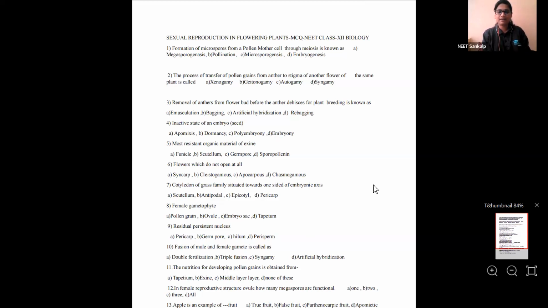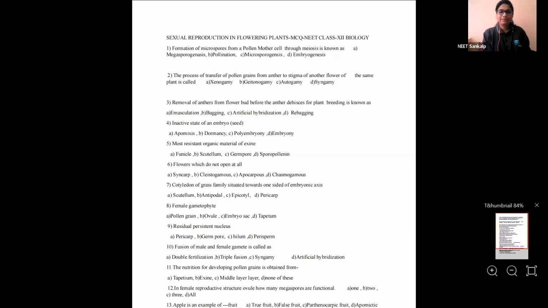Radhika answered it. Fine. Many of you think about how many microspores or megaspores are formed, so you comment 3 or 4. But what they asked is which will be functional. Of those 4 megaspores, how many of them will be functional? Only 1 will be functional, other 3 will degenerate. So answer A is the right option.